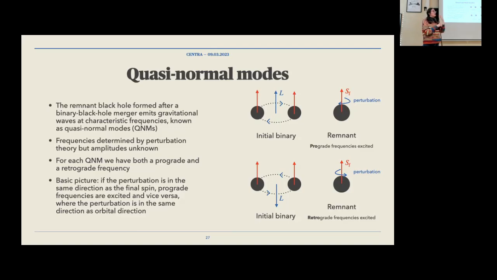Essentially, the perturbation that you get when two black holes collide can be either aligned with the spin of the final black hole, or anti-aligned with the spin of the final black hole. In the aligned case, we say the prograde frequencies are excited, and in the anti-aligned case, retrograde frequencies are excited.